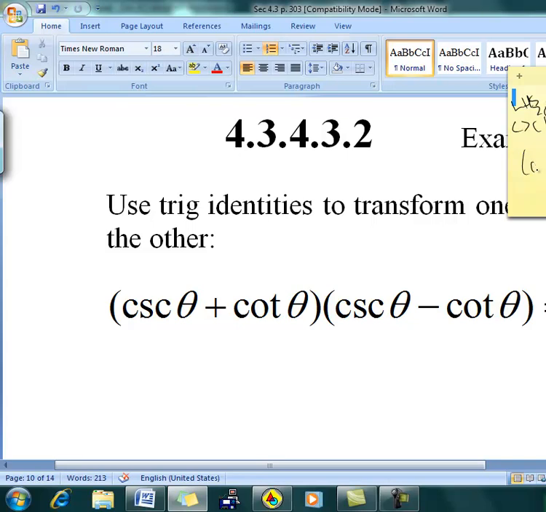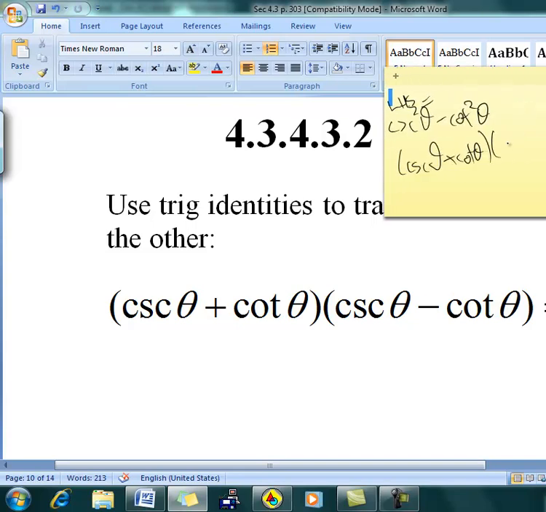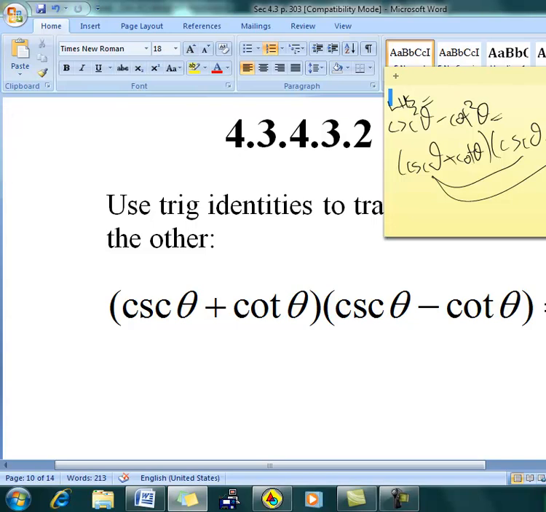Okay, so let me go write this down and show you the actual foiling. So then this is CSC theta minus cotangent theta. Notice that I'm not putting equals 1. Do not do that. So to FOIL this, you're going to do this times this, and then you're going to do this times this. That's going to give you a minus CSC theta cotangent theta. And then you do this times this.